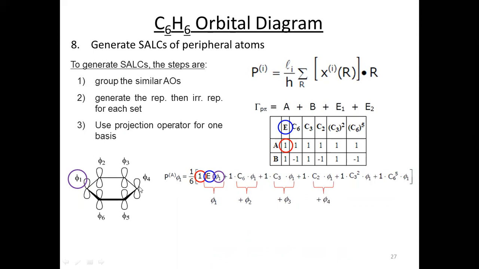And if I apply C3 squared, I am basically applying 180 plus 60 degrees, so phi1 will move to the phi5 position. Another 60 degrees, and it will move to the phi6 position. So all the characters are positive, all are 1. So the first linear combination will be phi1 plus phi2 plus phi3 plus phi4 plus phi5 plus phi6. This is my first symmetry adapted linear combination for the representation A.